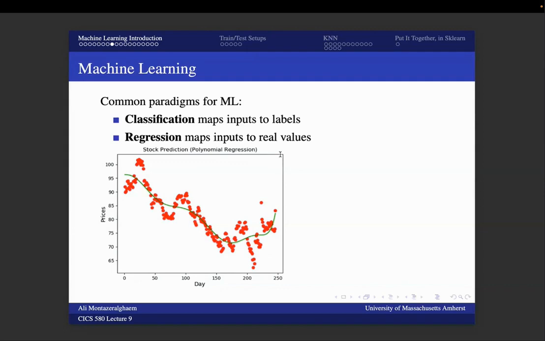So in this case, we fit a model on the data points that we have, and based on this model, we can predict the price on the next day.